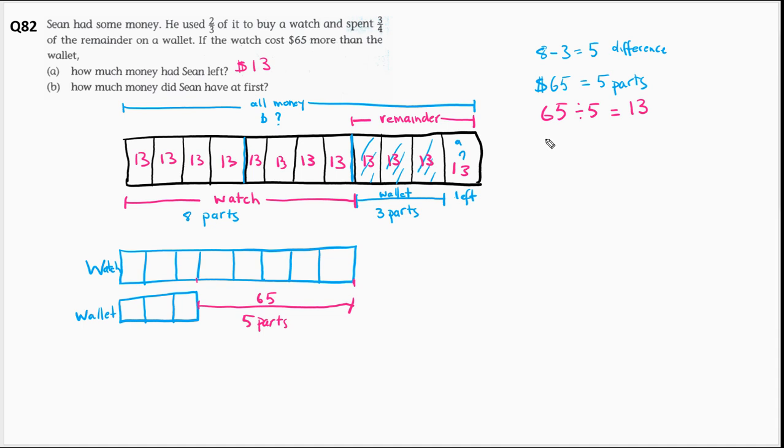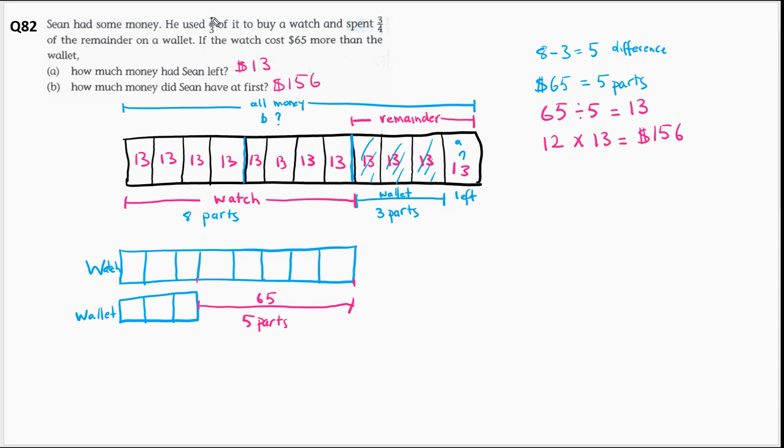So we've got 12 times 13, and 12 times 13 is 156. Okay, 156. So those are our 2 answers.